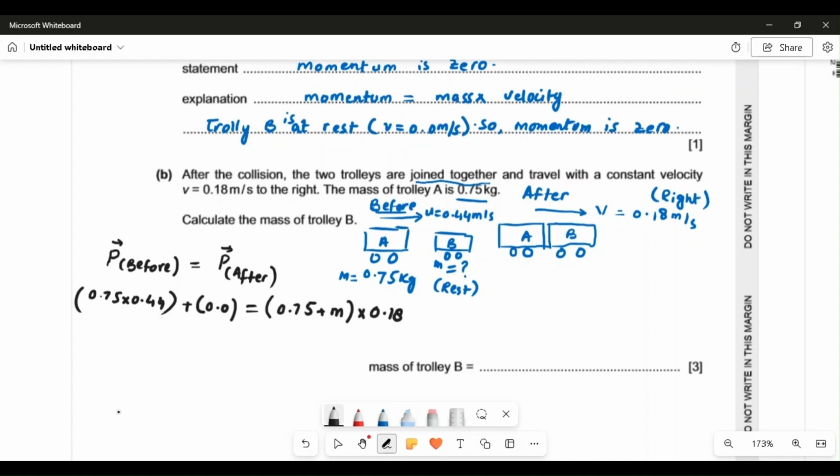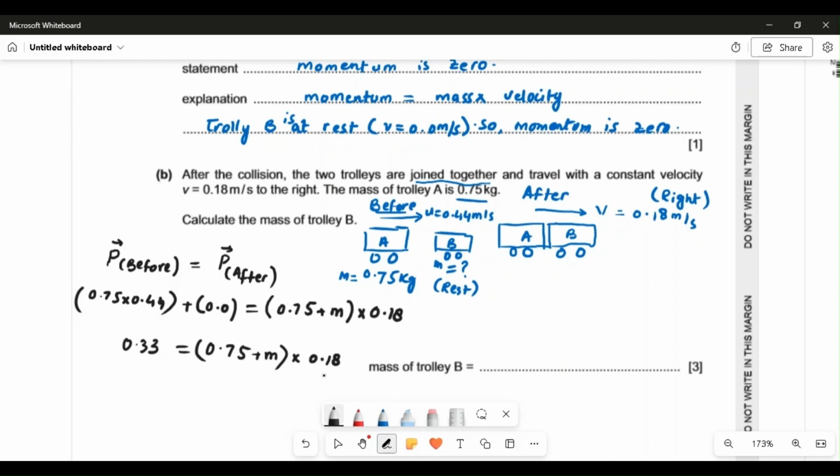So the left hand side, when I simplified, gave me 0.75 times 0.44, which is 0.33, plus 0. So I will simply say 0.33 is equal to 0.75 plus the unknown mass of trolley B, times 0.18.